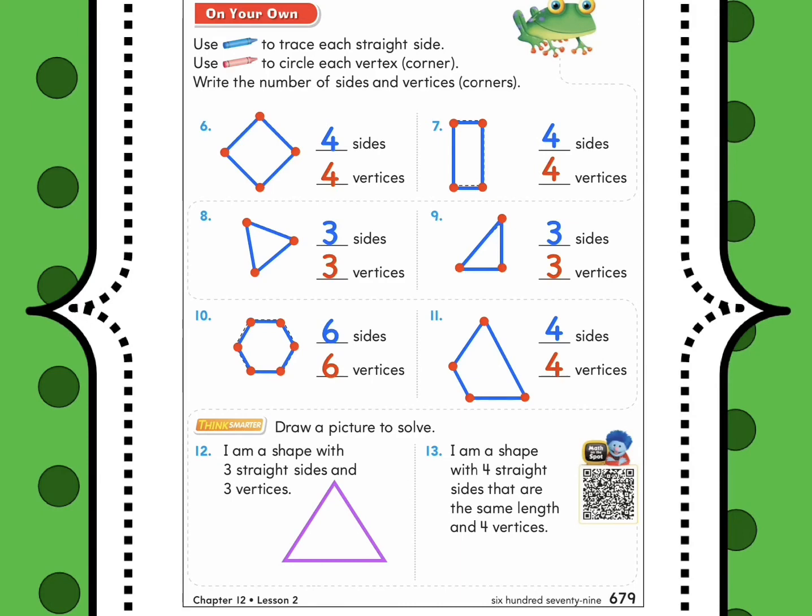Number 13 says, I am a shape with 4 straight sides that are the same length and 4 vertices. Do you remember the shape that has the same length of all the sides? Perfect, grade 1. Yes, it's the square.